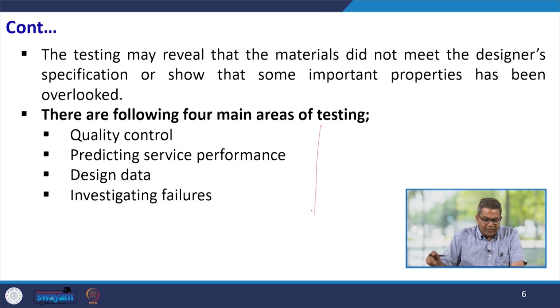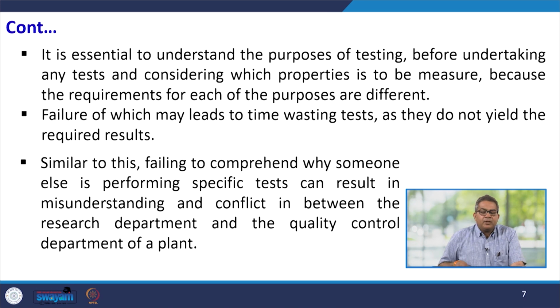Now there are four main areas of testing. One is quality control, the second is predicting service performance, then design data and investigating failures. It is essential to understand the purposes of testing before undertaking any test and considering which properties are to be measured, because the requirements for each of the purposes are different.